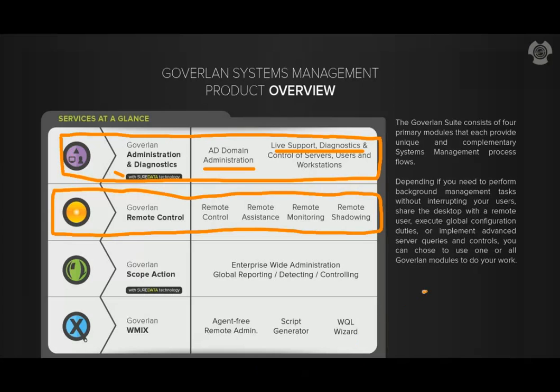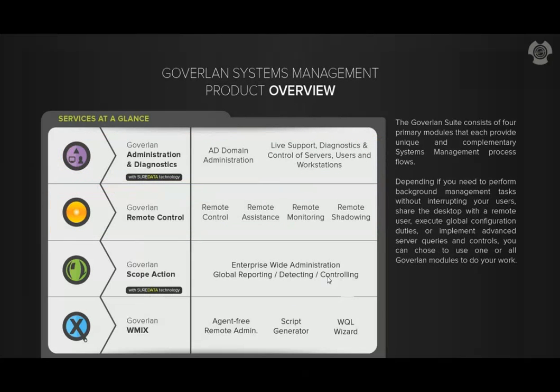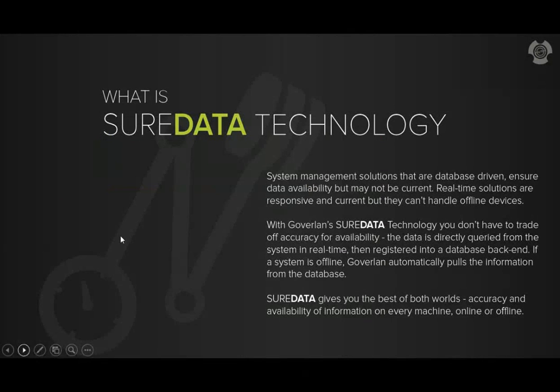The next thing we'll be going over, let's get rid of the annotations, is a little bit about Shore data. I'm going to give you a quick, brief summary on it. Shore data is a database portion of Goverlan. This database portion can be a SQLite or Microsoft SQL Server-based database, which will store information on machines even if they're offline.